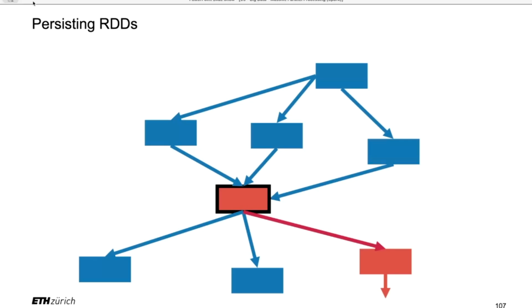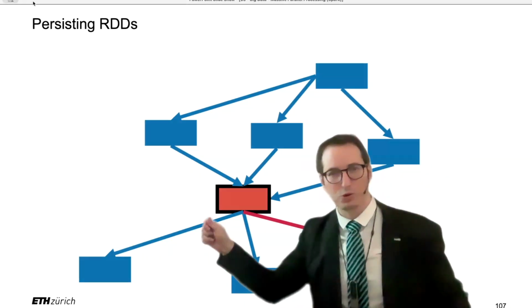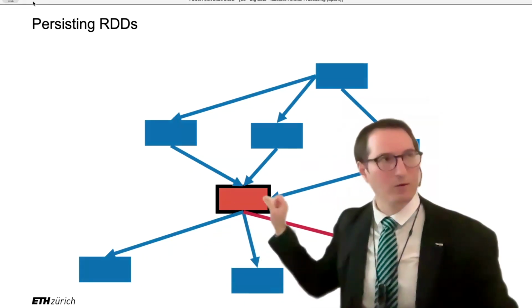You can say, please cache it in memory, please cache it on disk, please serialize everything even to just bytes, or keep it in memory with the full-fledged pointers and memory structure. So you have plenty of ways of basically indicating how you would like to cache your RDDs. But this is correct. We want to avoid recomputing the same things all over again. So it's quite common as a user to require Spark to cache.